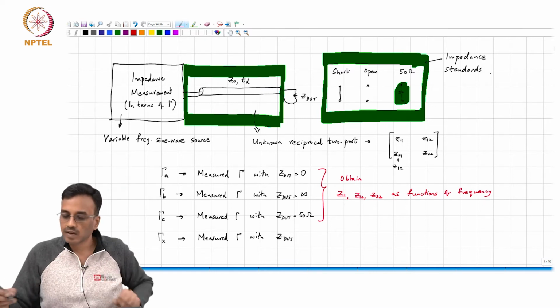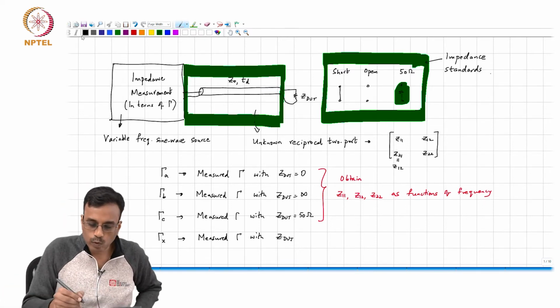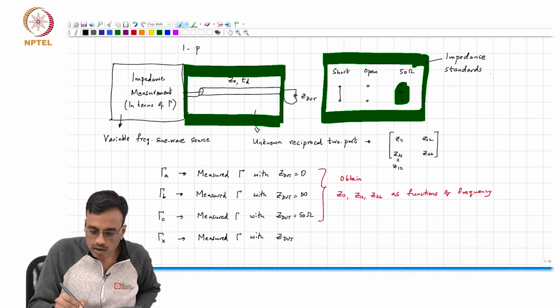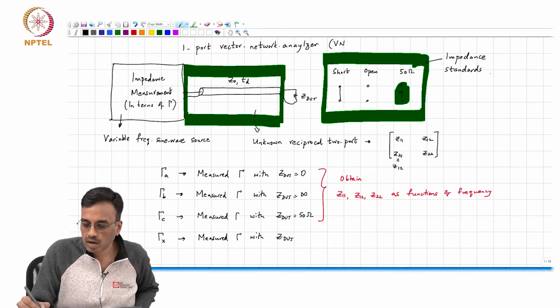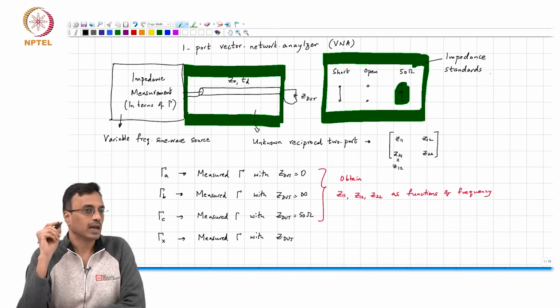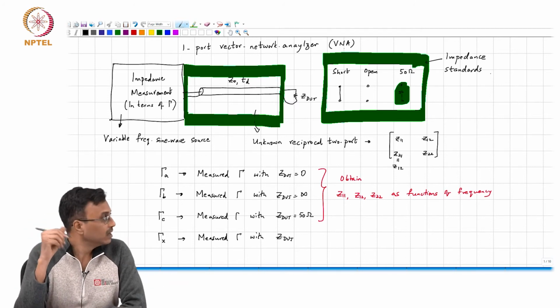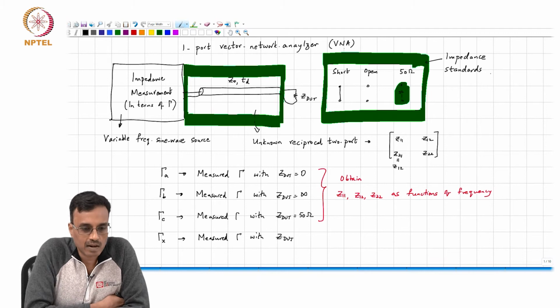So this instrument is what is called a 1-port vector network analyzer, often abbreviated as VNA, all right.